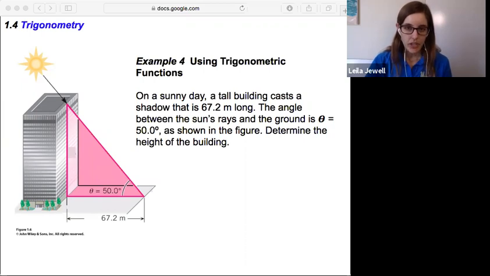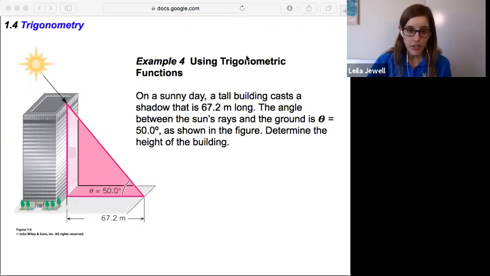Right, so as we're looking at this, we say, hey, there's the sun, it's shining on the building, and the building is making a shadow, which is noted in the gray here, that's 67.2 meters. And it also tells us this angle of 50 degrees that is between the sun's rays, the diagonal, and the ground, which is the horizontal.